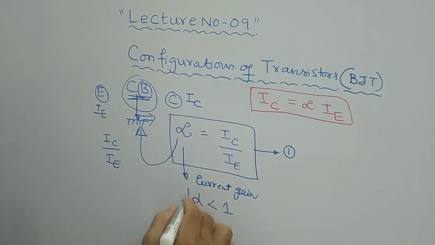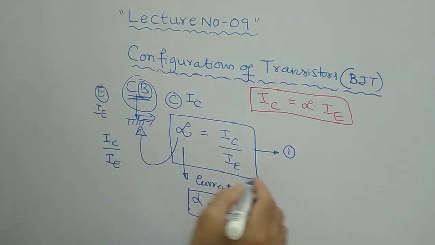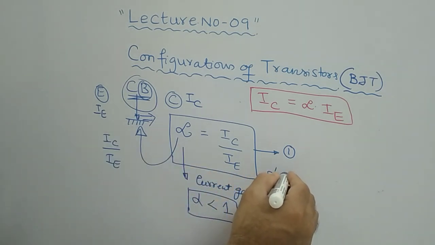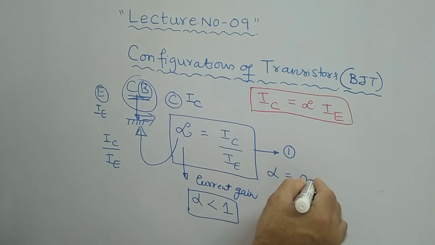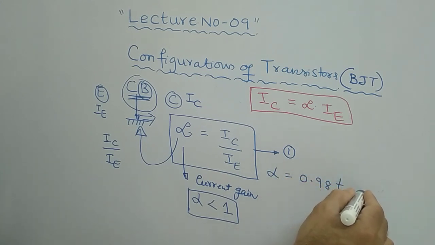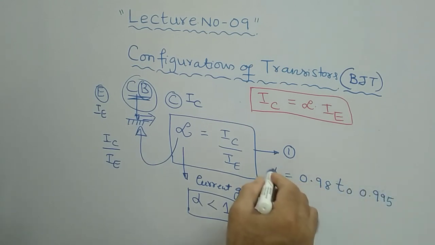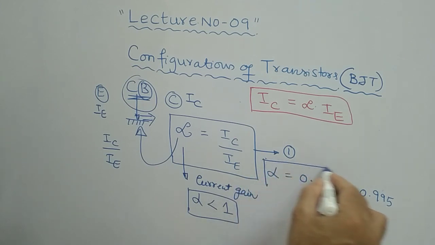Remember that alpha is less than 1, and normally it varies from 0.98 to 0.995. This is the value of alpha normally.